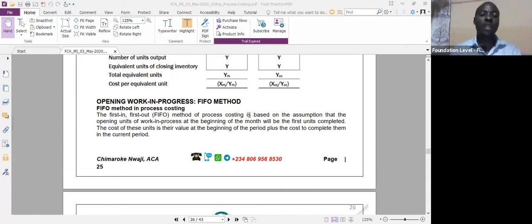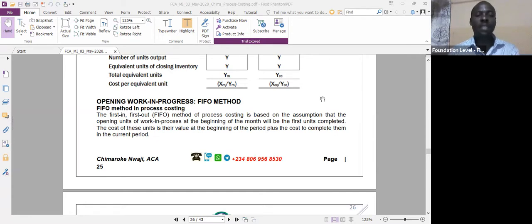We're now going to look at first in, first out. In first in, first out method, it is based on the assumption that what came into the period first is what will be completed first.